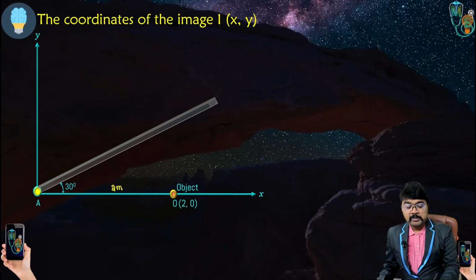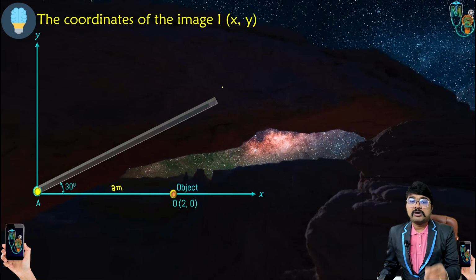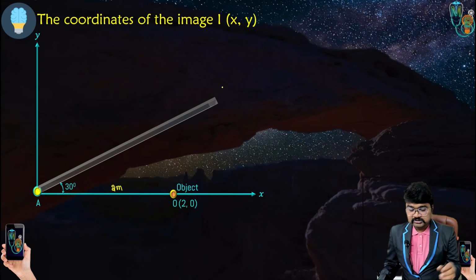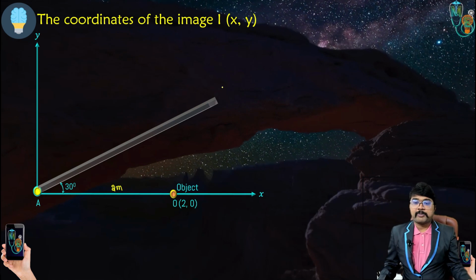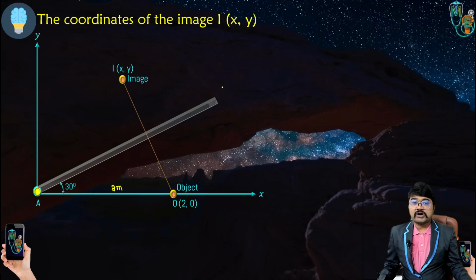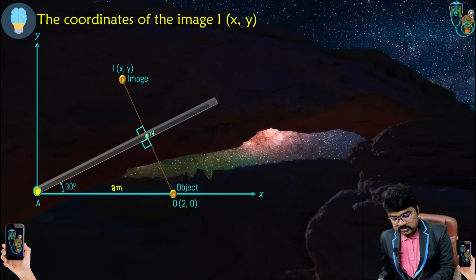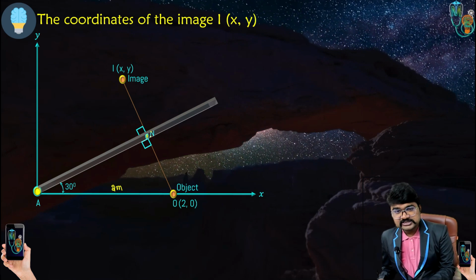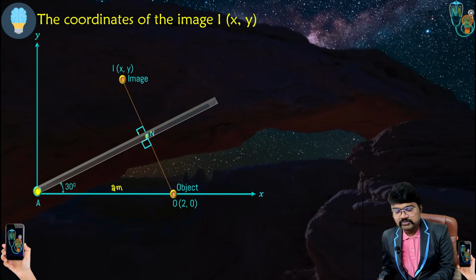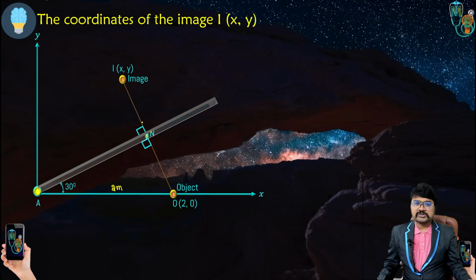The mirror is the perpendicular bisector of the line joining the point object and point image. That is why we need to draw a perpendicular. Then you will get the coordinates of the image. N is the point, and perpendicular means it is 90 degrees.